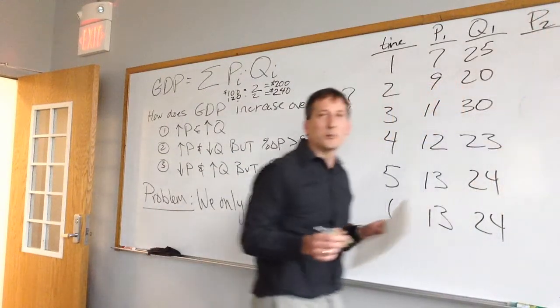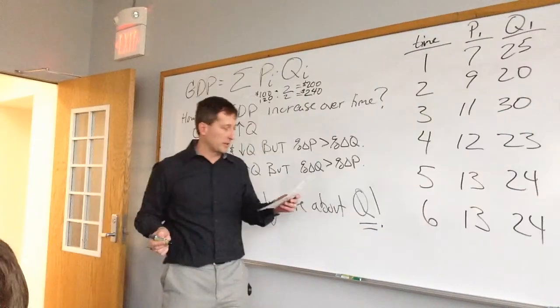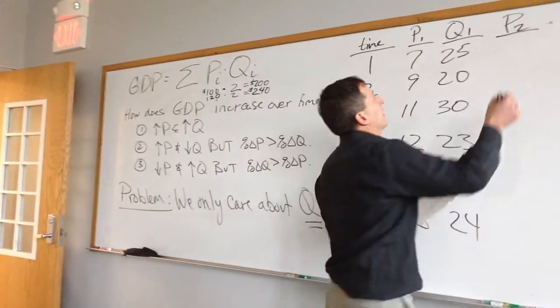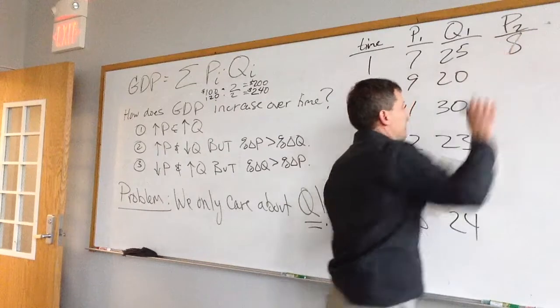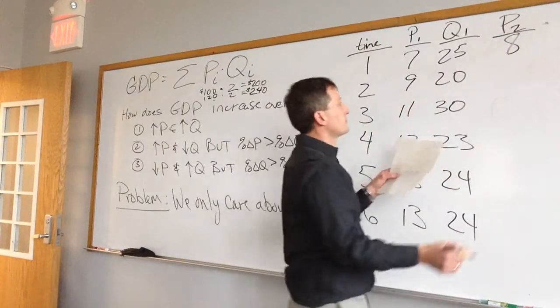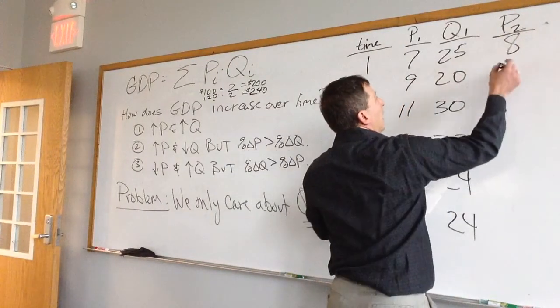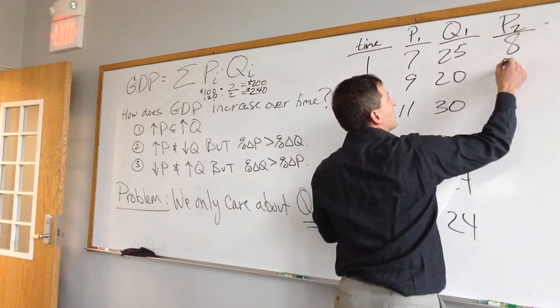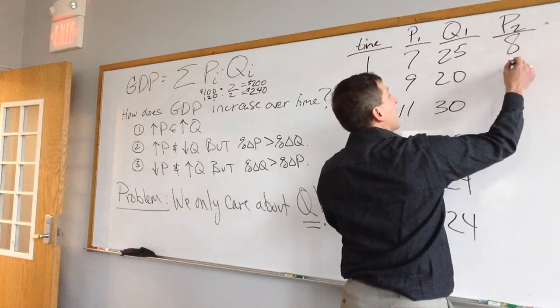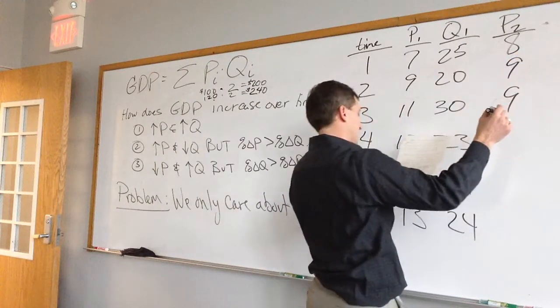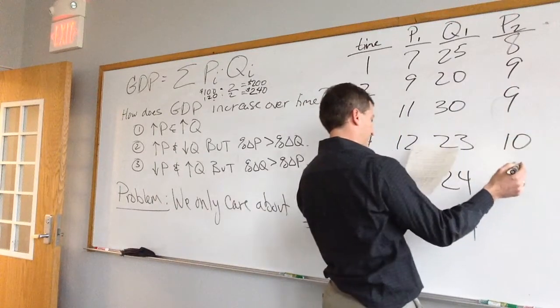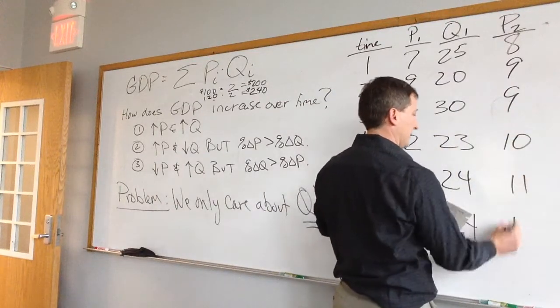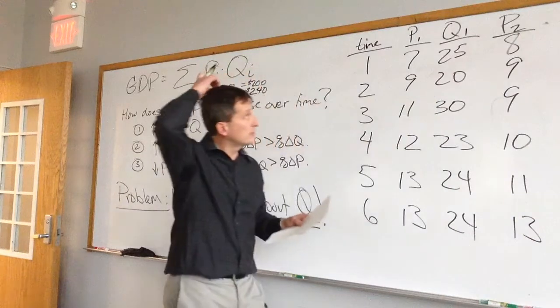We've got a second good. We're just going to do 2 goods in the economy just to get a feel for this. We got a second good that's priced at $8. Goes up to 9, stays at 9, jumps to 10, goes to 11, and ends at 13.